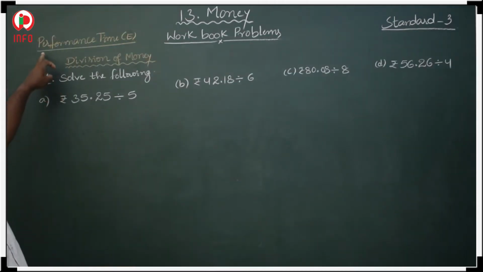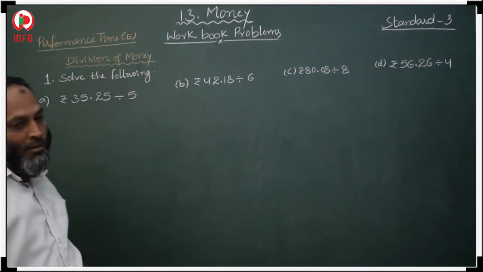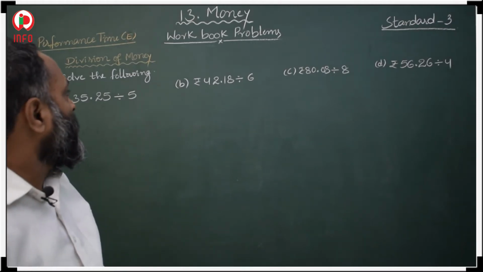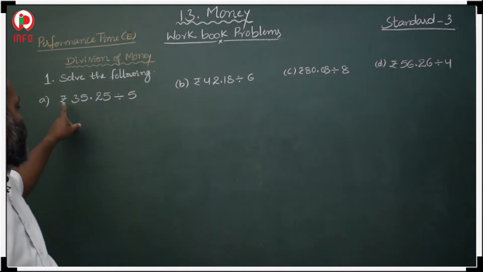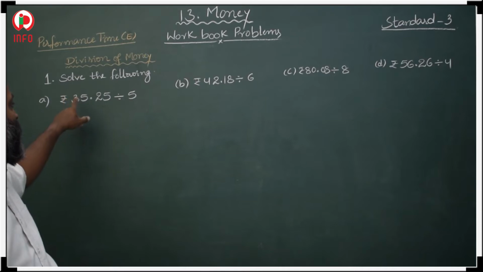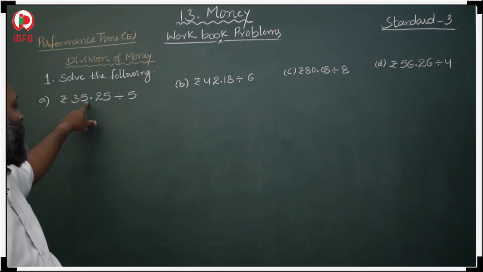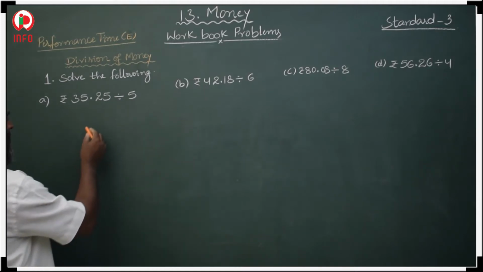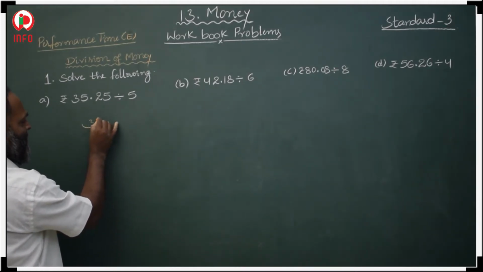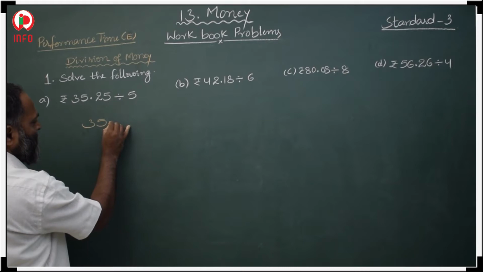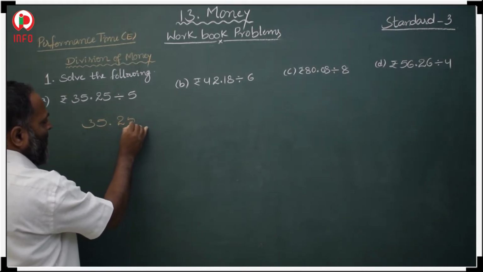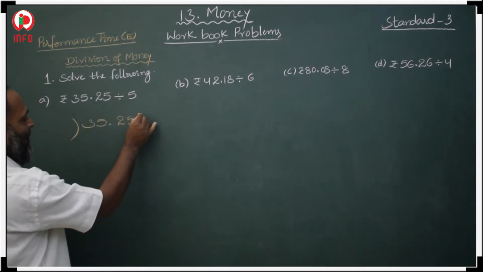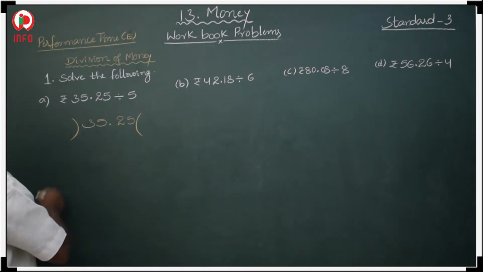Now, students, the next in performance time E. So, the concept is based on money. The first question, solve the following: 35 rupees 25 paisa divided by 5. See here, 35 rupees 25 paise divided by 5.